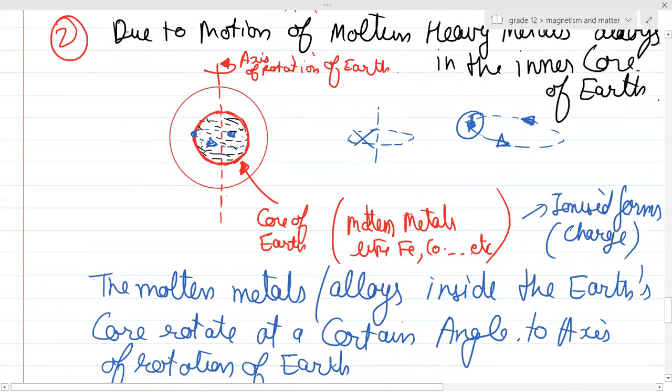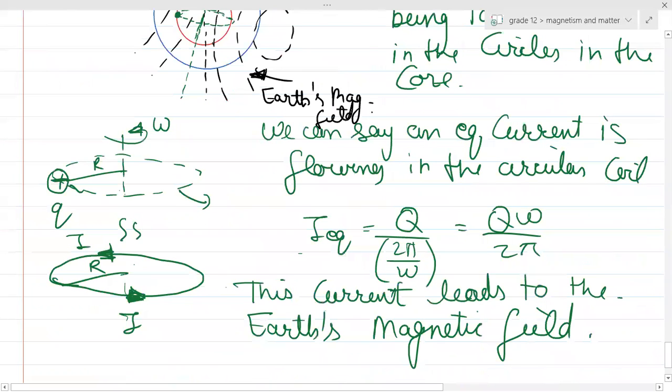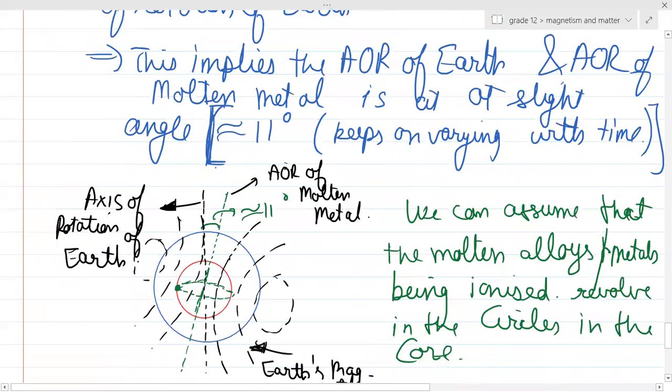So, anyways, the region around the Earth's atmosphere, or basically the region in the Earth's atmosphere where the magnetic field exists, is basically called as what?